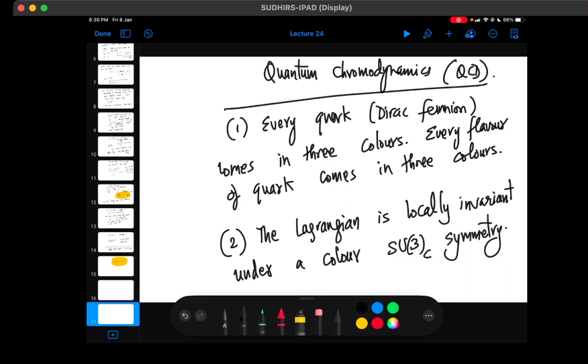What does it mean? There is an SU(3) gauge theory which is locally invariant, and this is actually a color symmetry. It's a color theory.